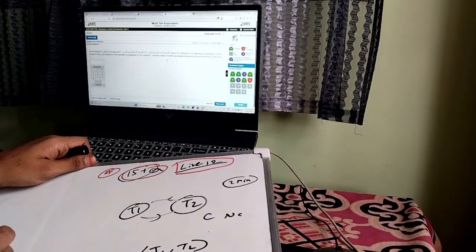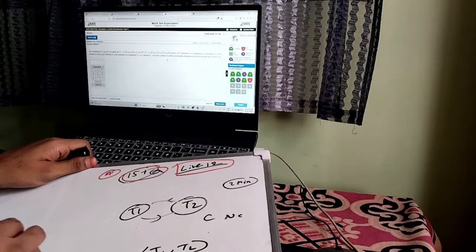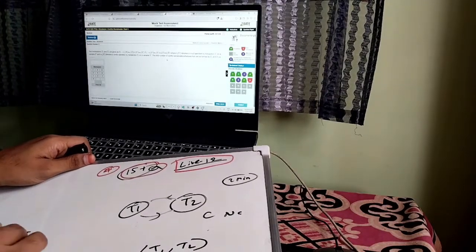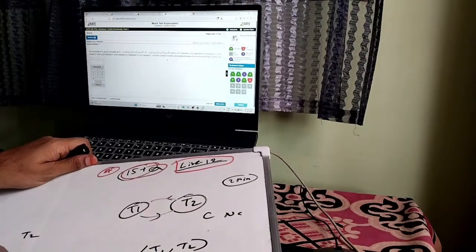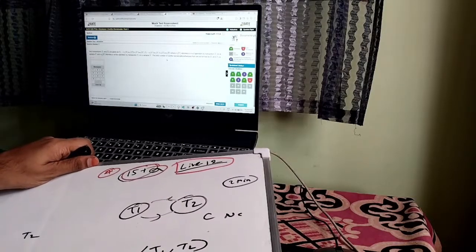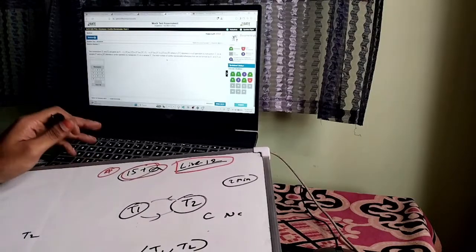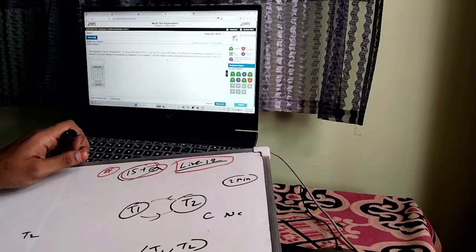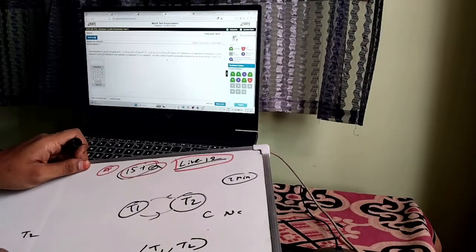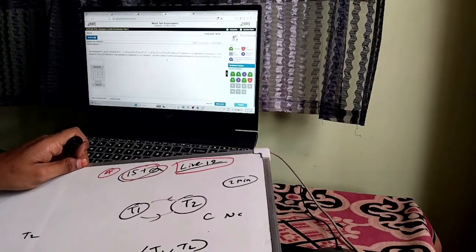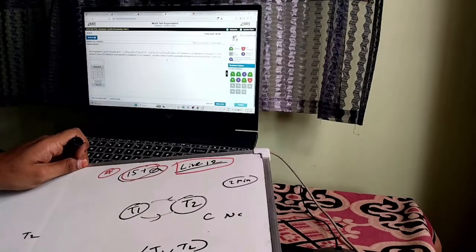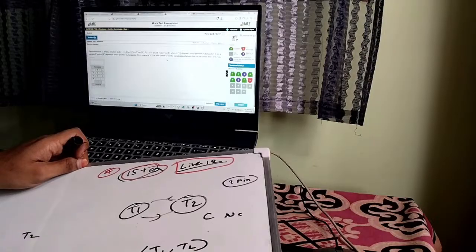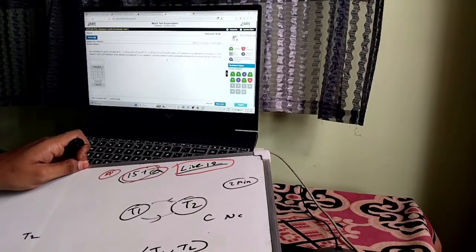This is T1 and T2. Transaction one: W of X. So what is next?